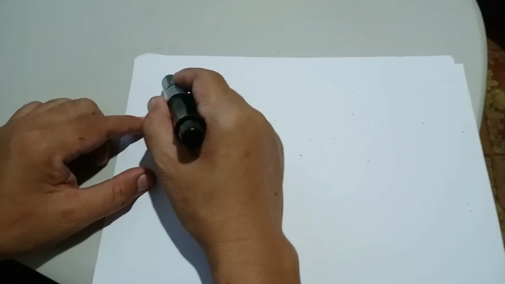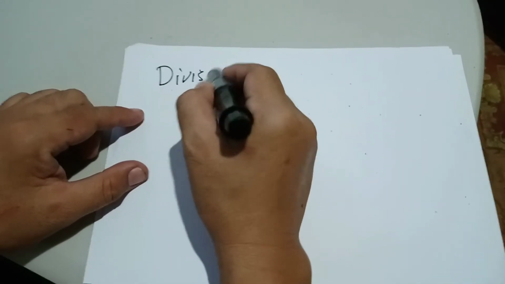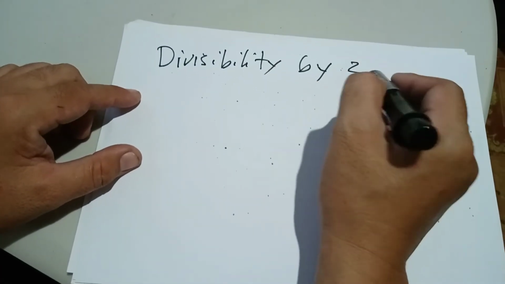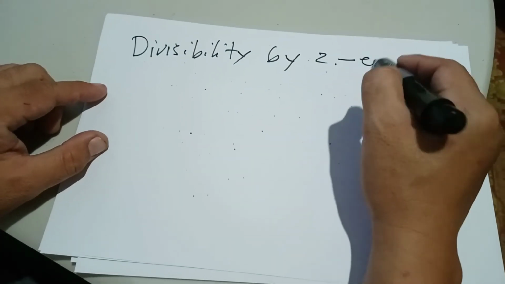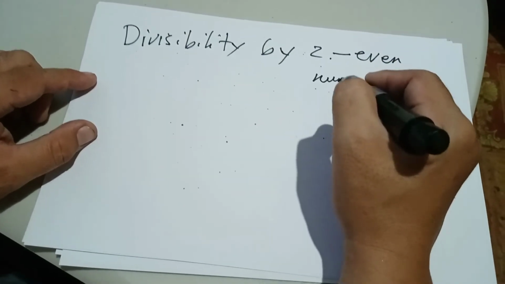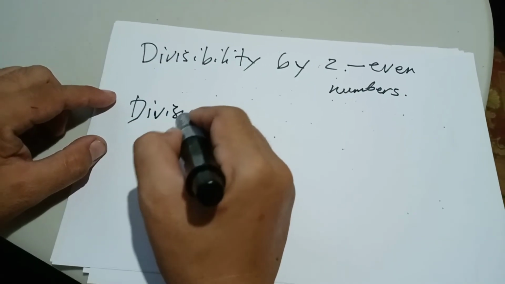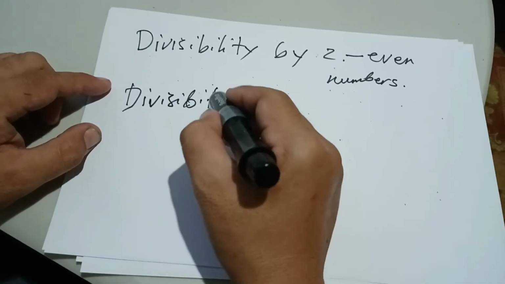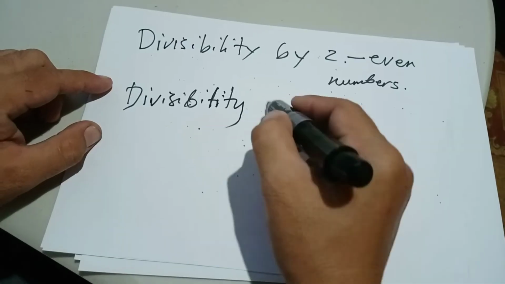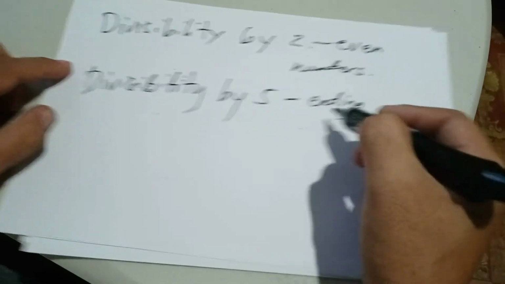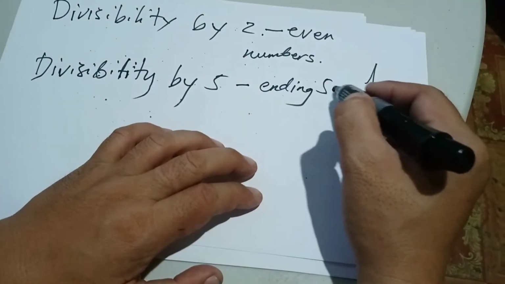Okay, let's have a review. Again. Okay. So, divisibility by 2. Kailangan even numbers. Diba? Divisibility by 5. It should be ending in 5 or 0.